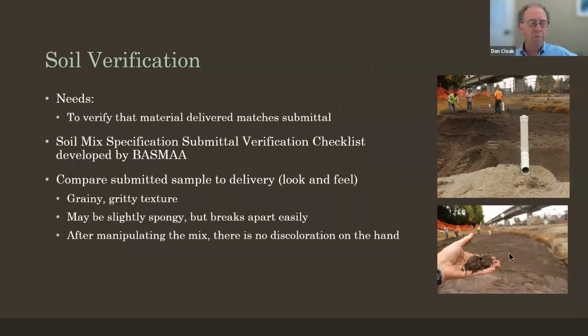We had that question before about, do they need to be replaced? The idea is that by creating a biologically active thing here with the plants and all the things that go with having plants, it essentially becomes self-sustaining. And again, we have examples of bioretention facilities that have been operational for many decades and still perform great.